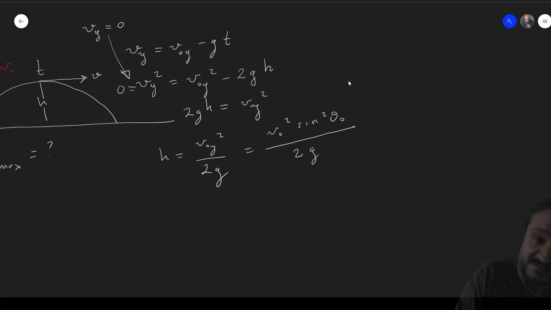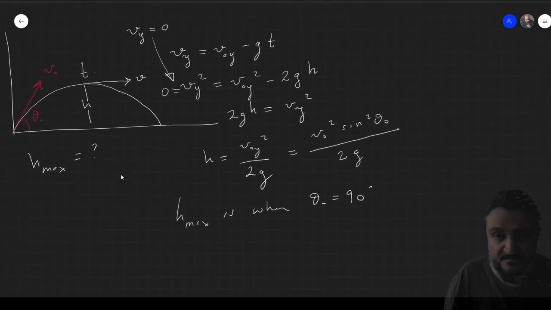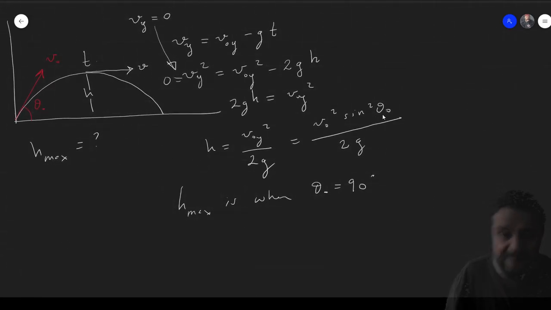So h max is when you kick it directly upward. Theta naught is 90 degrees. So 45 for maximum range, and 90 for maximum height.